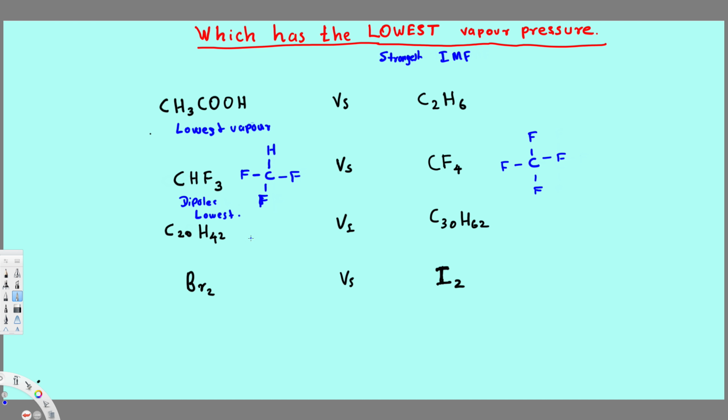Whenever we have a compound that has more bonds and more atoms, a more complex form, that's going to have the strongest intermolecular force and the highest London dispersion forces. So this one, C30H62, is going to have the highest intermolecular force, therefore the lowest vapor pressure.